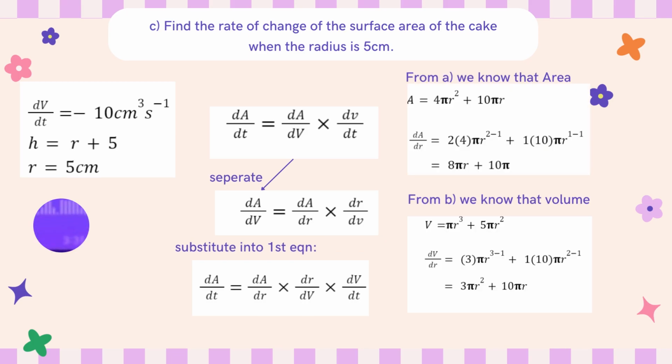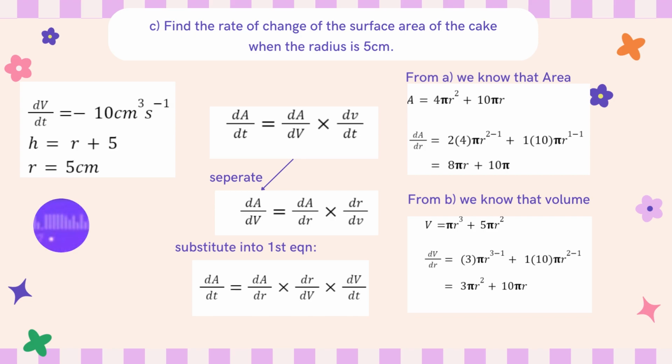Since we already have the value of dV/dt, we are left with dA/dr and dr/dV. From question A, we know that the formula of area in terms of r is 4 pi r squared plus 10 pi r. So we can differentiate the equation to get dA/dr. After differentiating, we get the value of dA/dr, which is 8 pi r plus 10 pi.